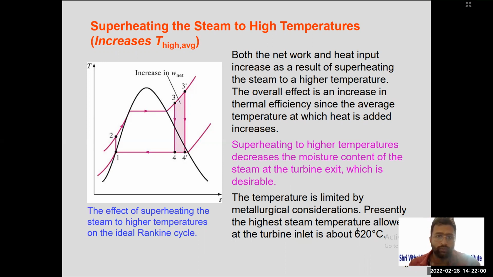This might be asked in MCQ examinations. So draw this figure, and mention the highest temperature as 620 degrees Celsius.